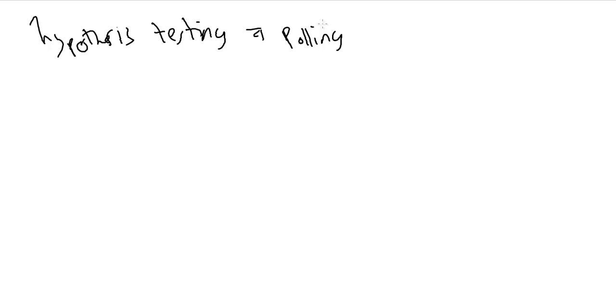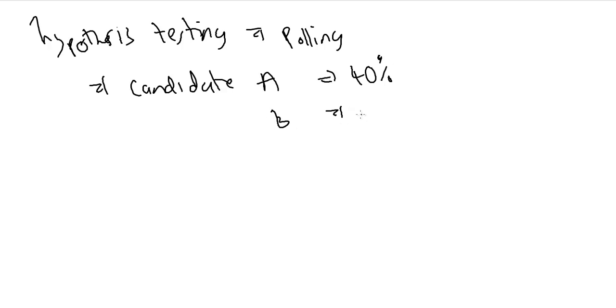Whenever you have a poll, when you have an election and stuff, you'll get a candidate A, or party A, has a popularity of, say, 40%, and then B has maybe 28%, and then there'd be C, D, and E, and many others, which would roughly add up to 100%.